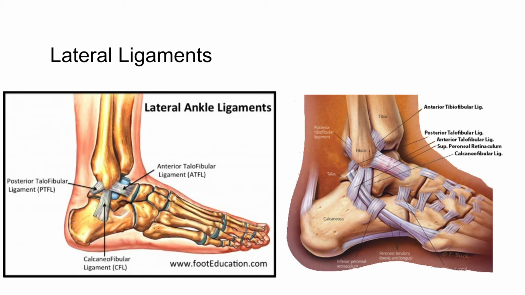But when looking at the lateral ligaments, the reason that these ligaments are important is because these two ligaments are two of three components of the syndesmosis of the ankle. The syndesmosis of the ankle is the ligamentous complex which provides stability across the ankle mortise.